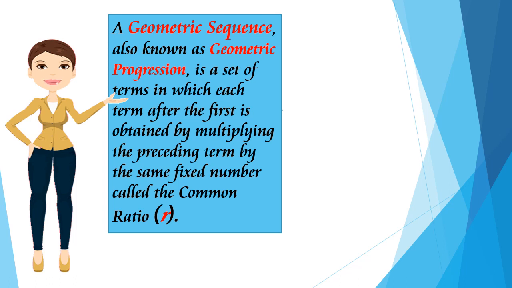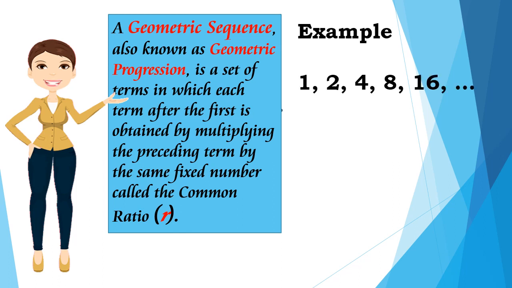So let us take a look at this example. In number pattern 1, 2, 4, 8, 16, that is an example of geometric sequence. So let us try to prove that this is a geometric sequence based on its definition. So we must obtain the common ratio.